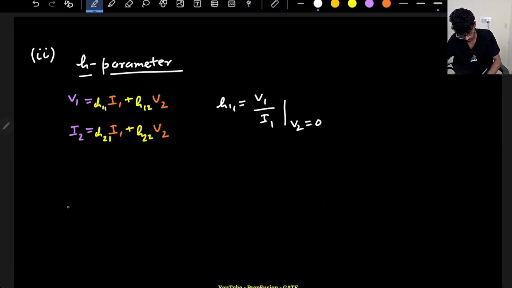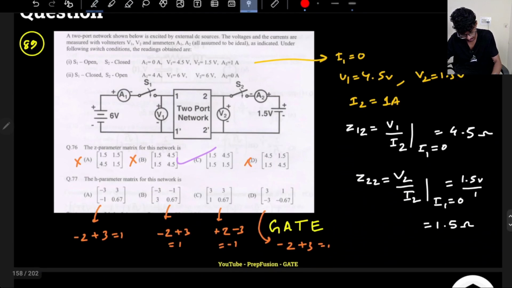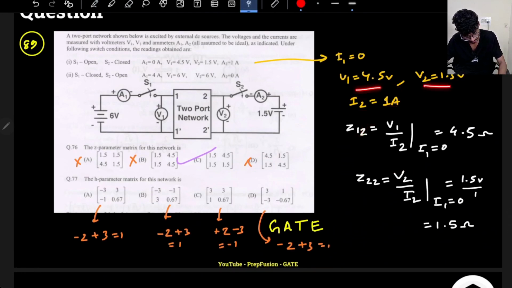What is H12? H12 is V1 by V2 when my current I1 is 0. Here my current I1 is 0 in this case. So what is the ratio of V1 by V2? It is 3.